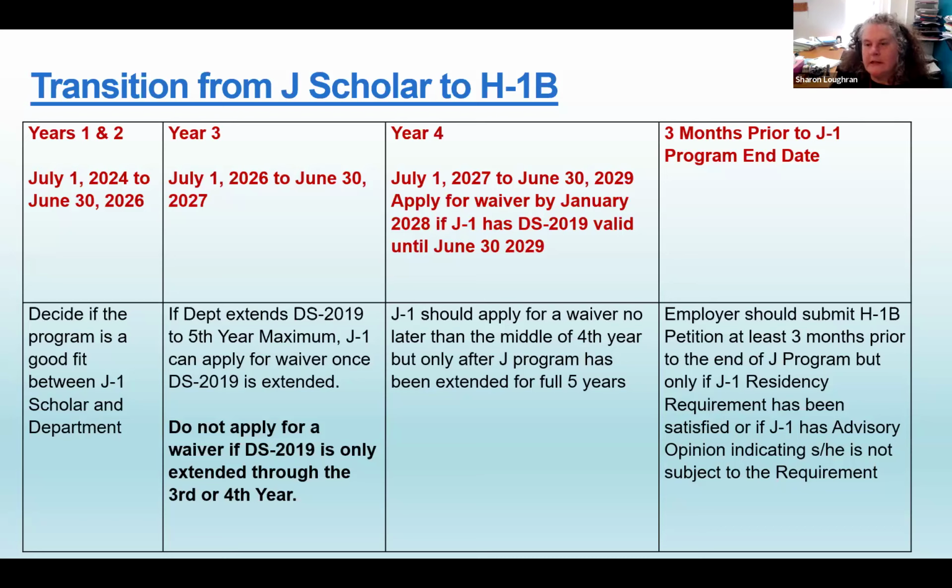It's crazy long. And then at least 3 months before their J program is going to end, ideally 6 months, you should be giving me an application for an H-1B.